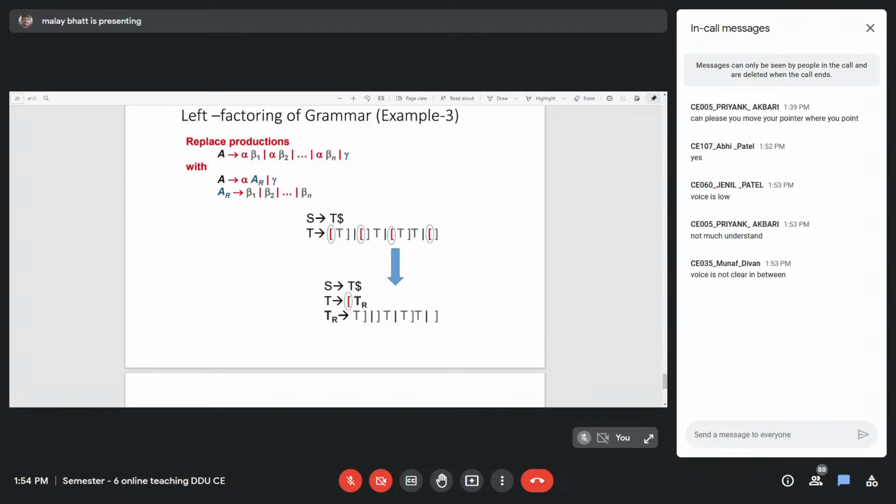We have only one rule with S, but in the second rule T, we have four alternatives and opening bracket is common. So that opening bracket will act as alpha. Beta 1 is T closing bracket. Then closing bracket T is beta 2. From the third alternative, T closing bracket T is beta 3. And the fourth one is a closing bracket.